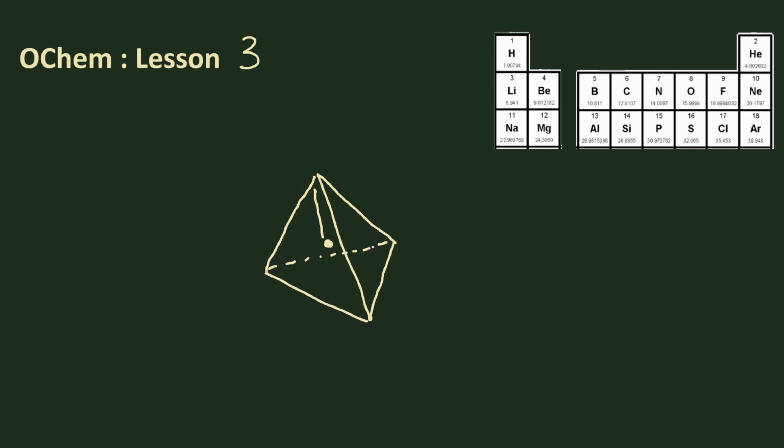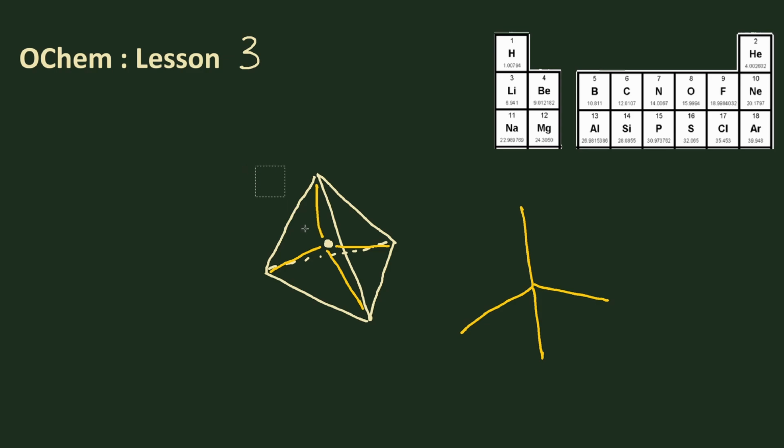Let's use a different color. It's hard to see that. 1, 2, 3, 4. So when you look at carbon, you're going to see that, like that, and that, and that. That is kind of the shape that it makes. It's called a tetrahedral shape.